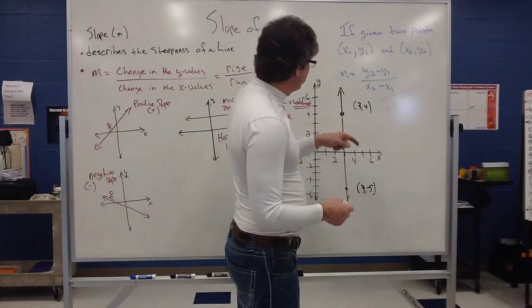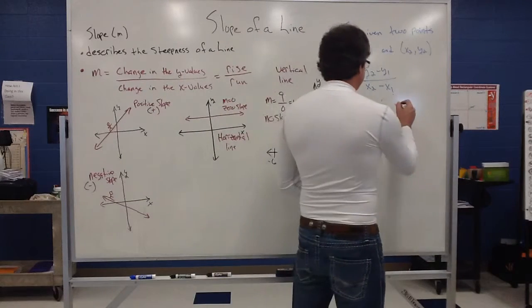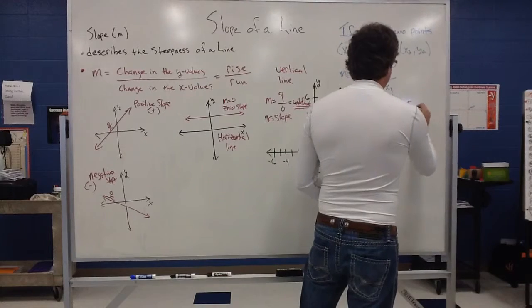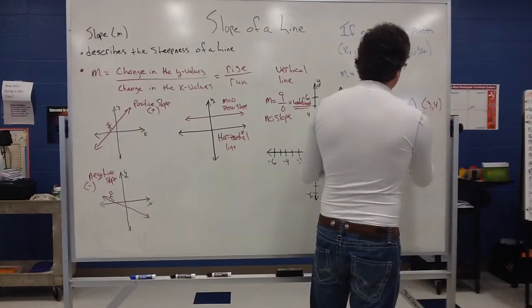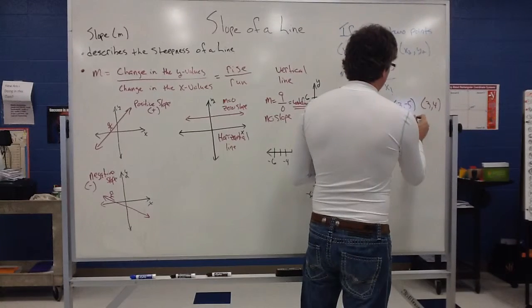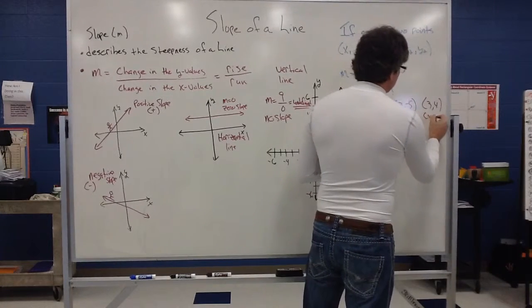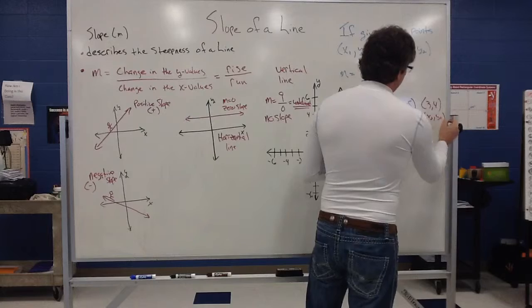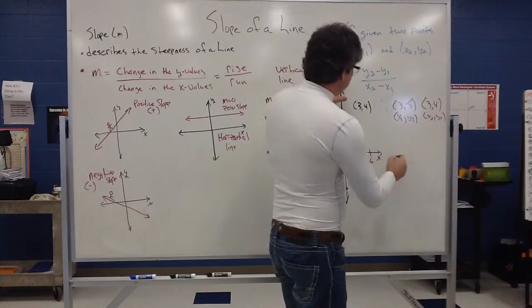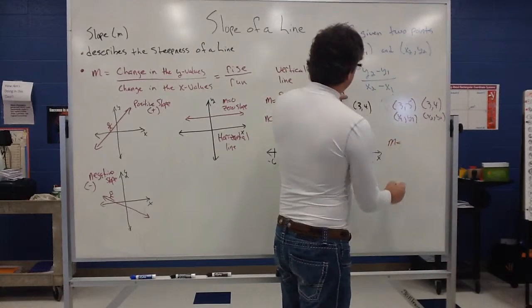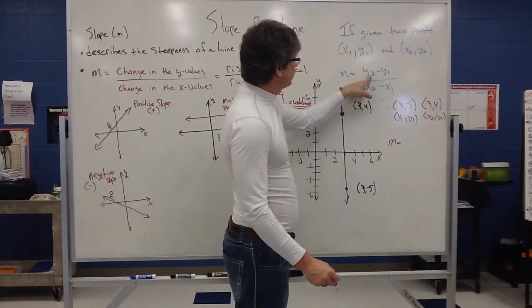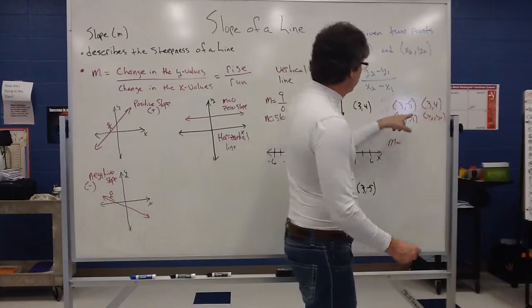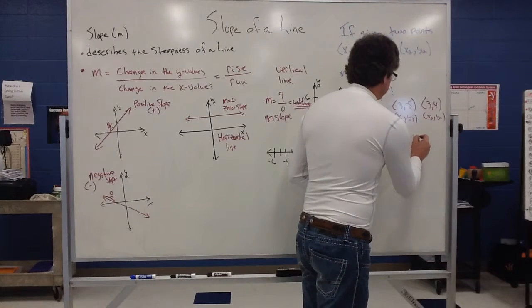Now, if I'm using the formula, if I call this point 1, (3, -5), and (3, 4), if I call that point 2, so I have x1, y1, point 1, x2, y2, that's point 2. I could then use my slope formula. So my slope formula says take the change in the y's, in other words, y2 minus y1. So it's 4, take away -5.